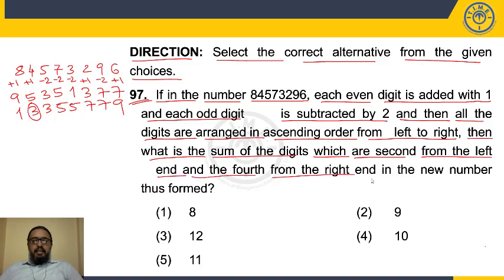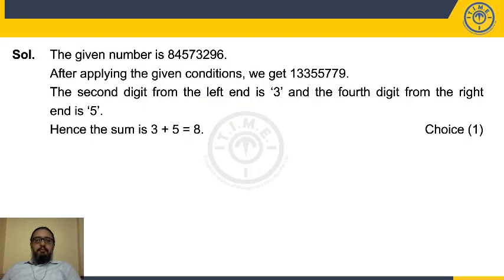And fourth from the right end in the new number thus formed is 5. So sum of the digits is 8. First option. So simply following the instructions will get you your answer. Choice 1. Okay. Next.